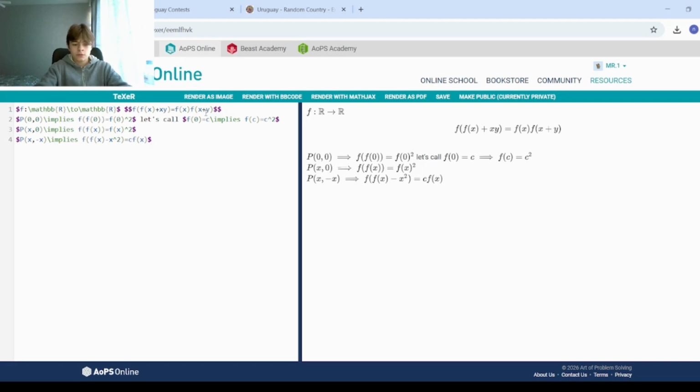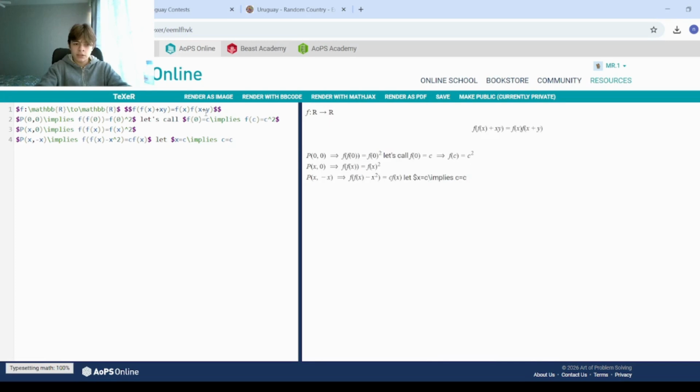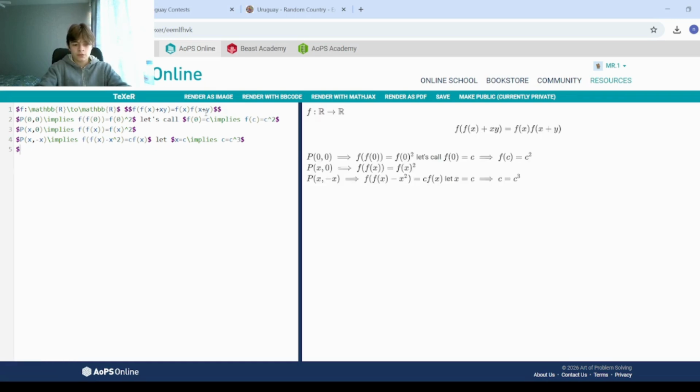Okay, if we let x be equal to c, we know that f(c) is equal to c squared, so we get c squared minus c squared, which is 0, and f(0) is c, so c is equal to c times f(c), which is c squared, so we get c cubed, and we have c is equal to 0 or plus or minus 1.